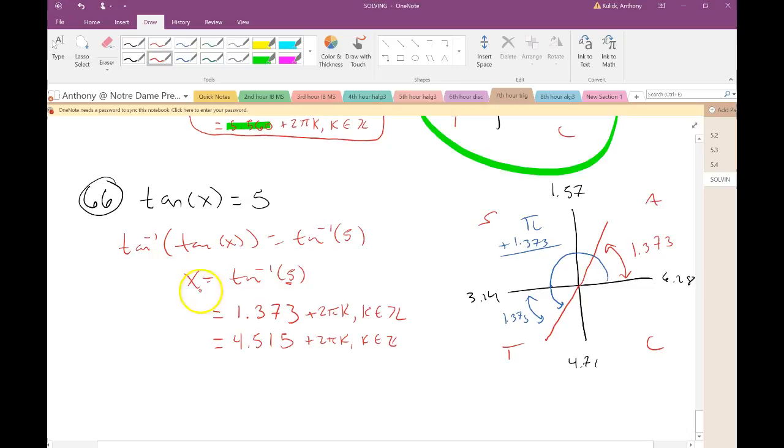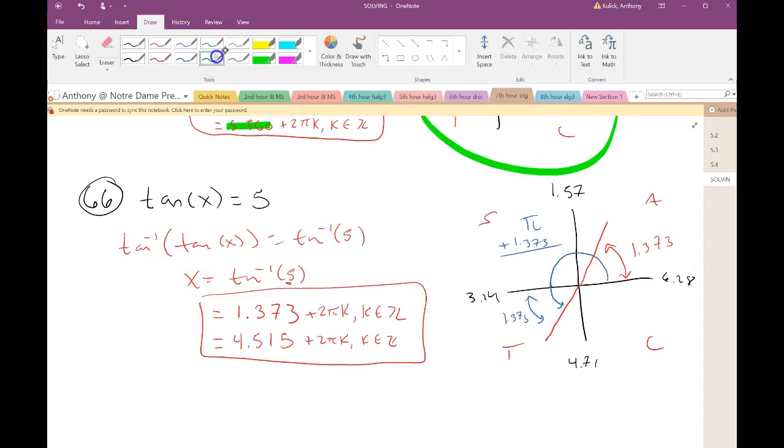This, though, is a problem where you had opportunity to get extra credit. What do you notice about the distance from this answer to this answer? Yeah, they're pi apart. So I could really just write this as that.